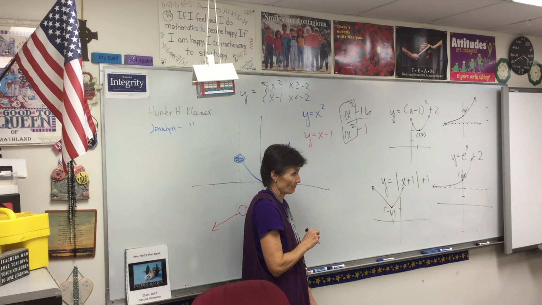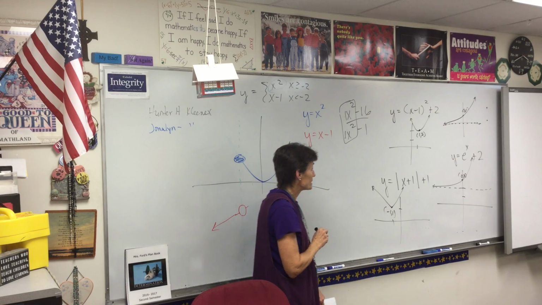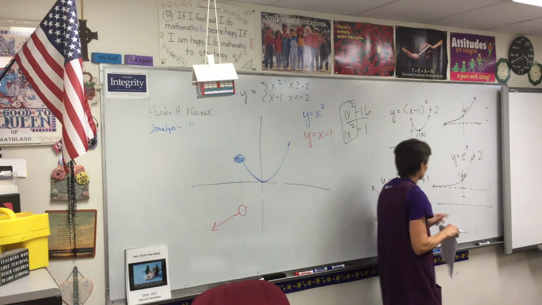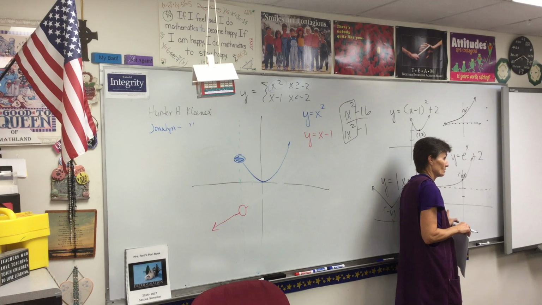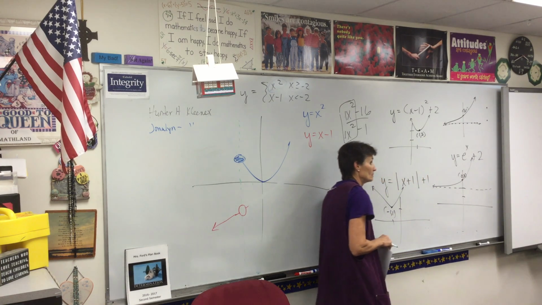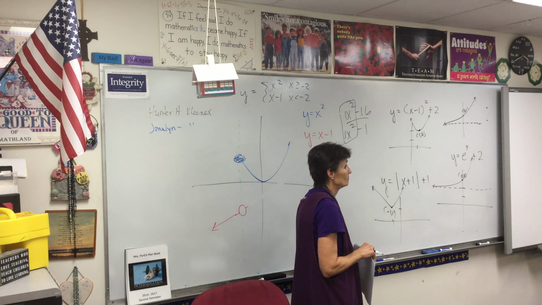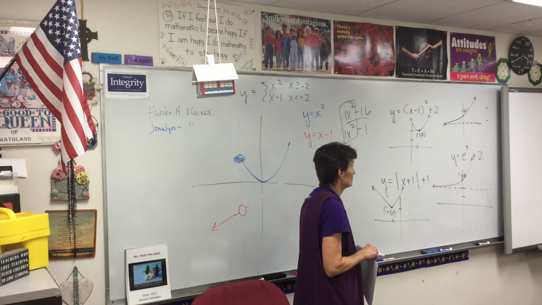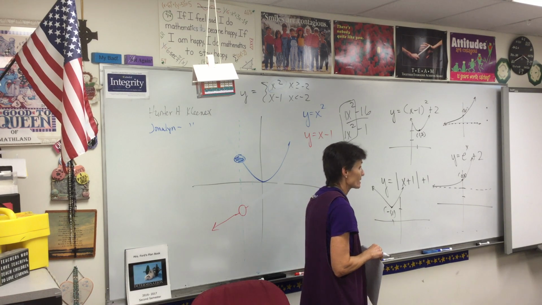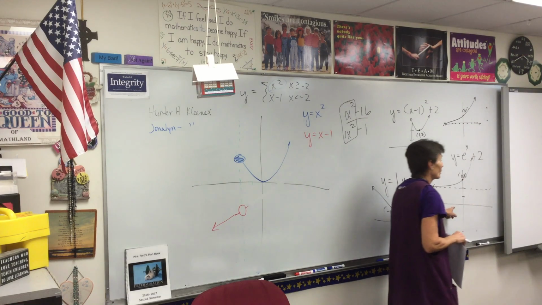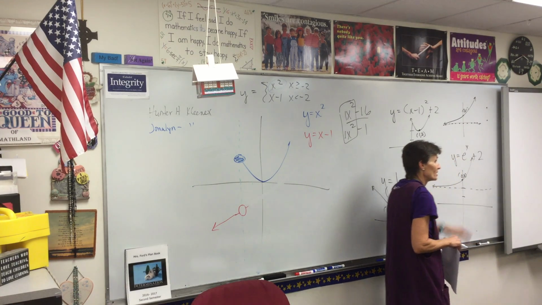Does it have to touch the x-axis? It doesn't touch the x-axis. The x-axis is down here. Normally it's at 0, so whatever you put on the end is how many you're picking it up.